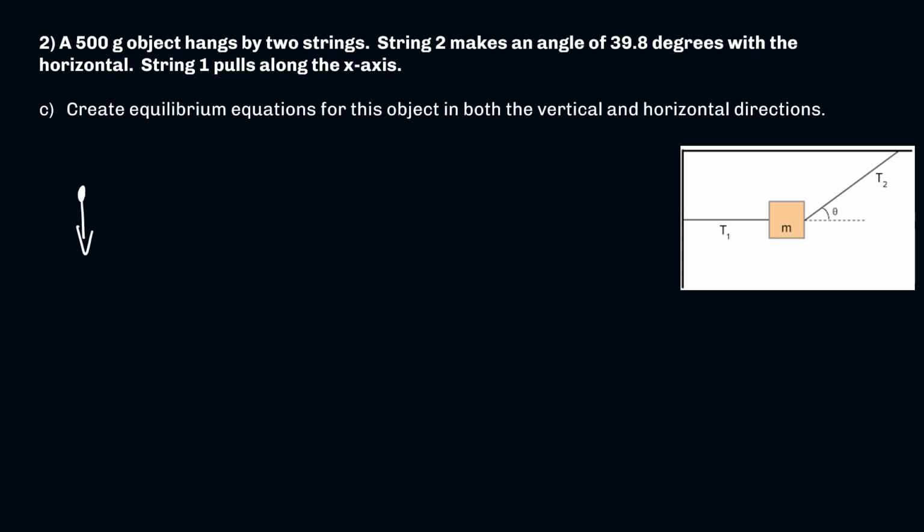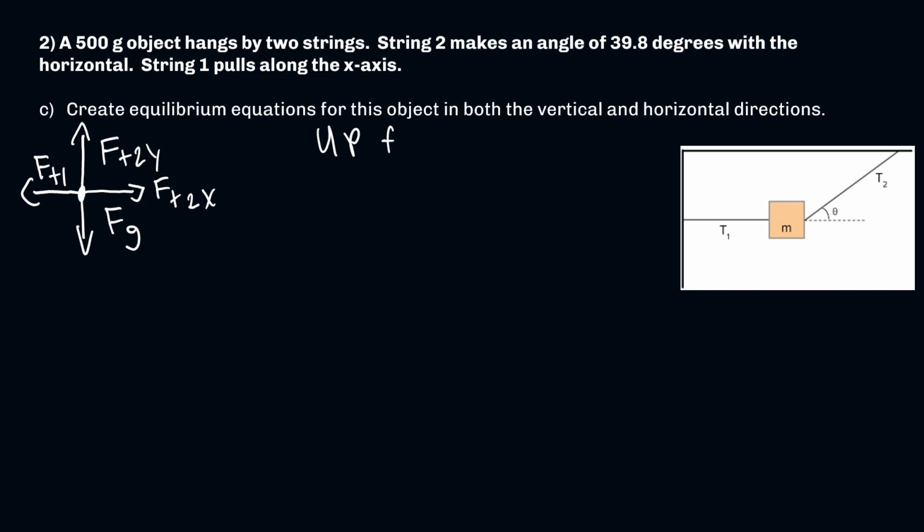This is going to help me though make my equilibrium equations. So going straight down again, we have here FG. Going to the left, I have here FT1. Going upwards, I have here FT2y. And then going to the right, I have here, and I'll put it next to it, FT2x. So again, for equilibrium equations, as we've done here with 1D and now 2D, I have that my up forces equal my down forces.